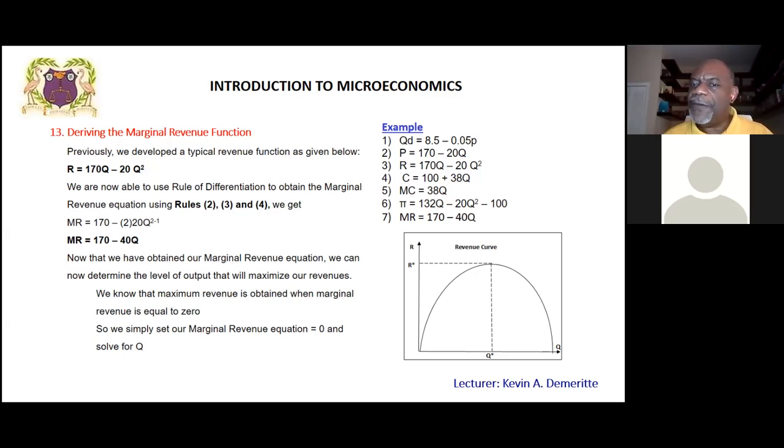So if our total cost function is C equals 100 plus 38Q, if Q is 0, then our cost is simply 100. And every time we produce one more unit, our cost goes up by another $38. So it's easy enough to look at our cost function and see what our slope is going to be, what our rate of change is.